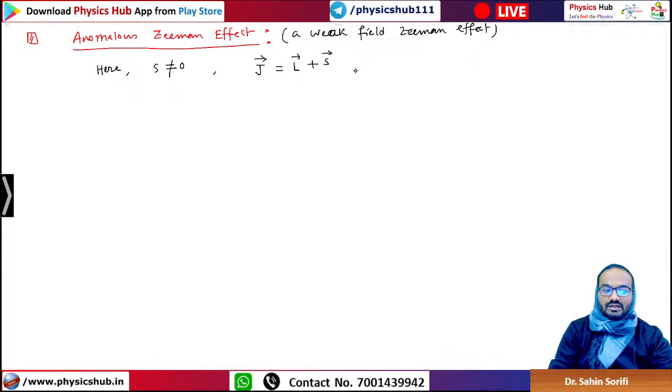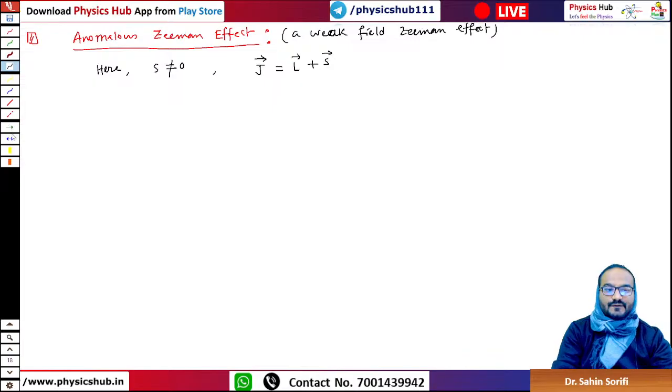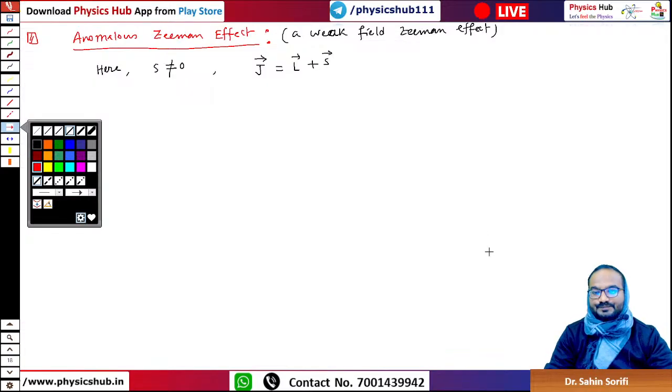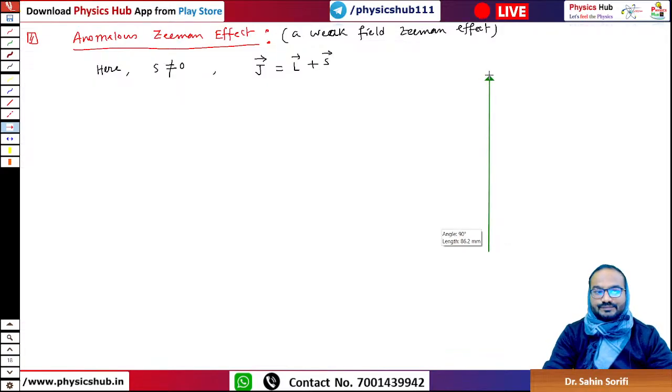So if I talk about the actual procedure, I am not drawing the orbit of the electron. We are just showing in this way that the magnetic field has been applied along the z cap direction.